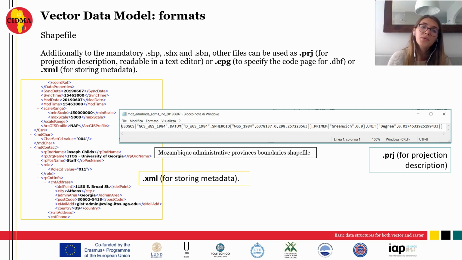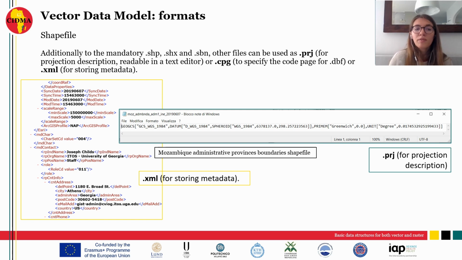Then your data could also have an XML, therefore a metadata file. This metadata file again is readable. Indeed, it is an XML, and it stores, for example, the data from the author of the data.